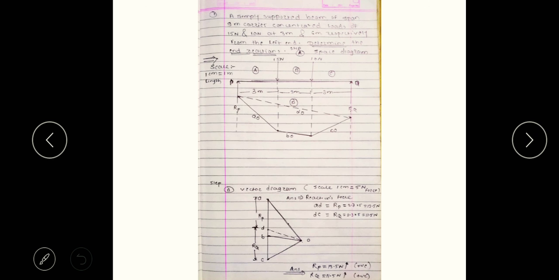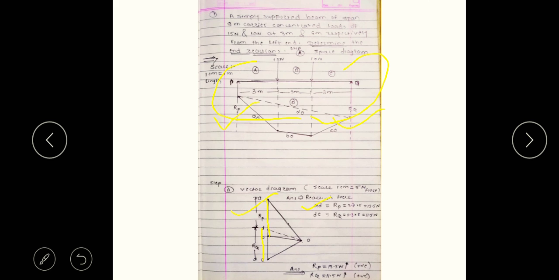So here you can see the AD distance is nothing but the RP, and CD is nothing but the RQ. So measure the length of AD and DC from the vector diagram and apply the scale to it.